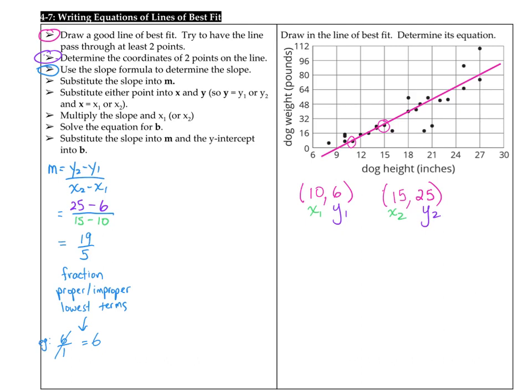All right, so to find the equation, you're going to have y equals mx plus b. So then what you're going to do is to substitute the slope into the equation. So y equals, and the slope is 19 over 5, x plus b.